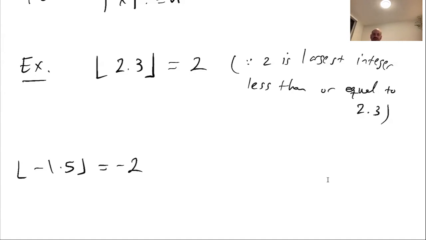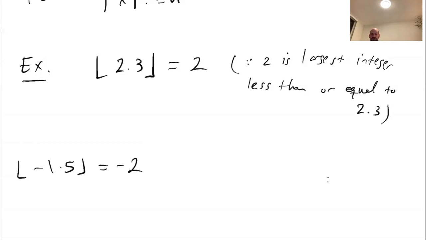Usually for the floor of positive numbers, there is no confusion. But for negative numbers, some students get confused. Because for 2.3 we said 2, for minus 1.5 many people would think minus 1, but that's not the case. We have to look at the definition. The definition says the largest integer less than or equal to x.